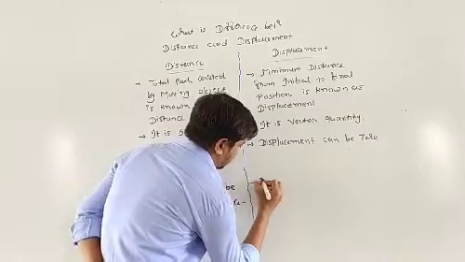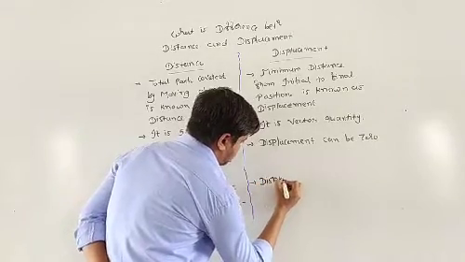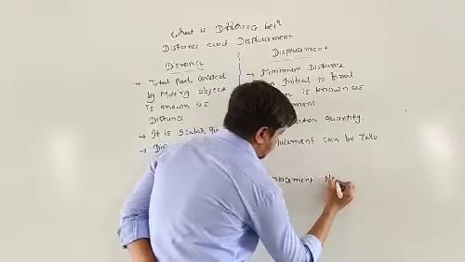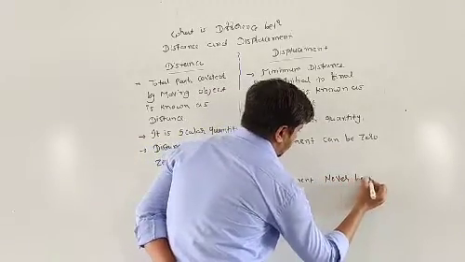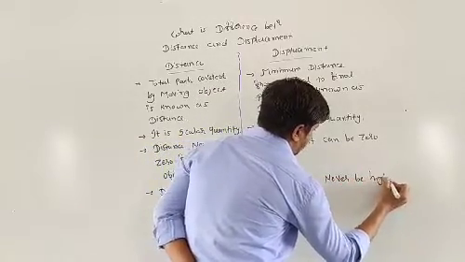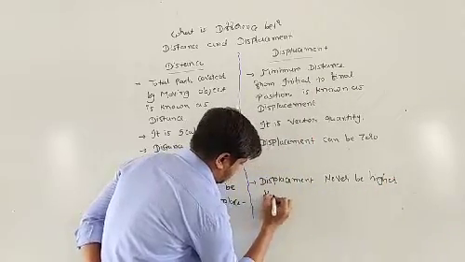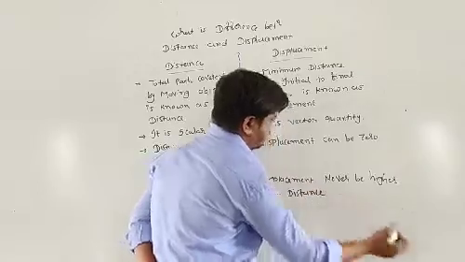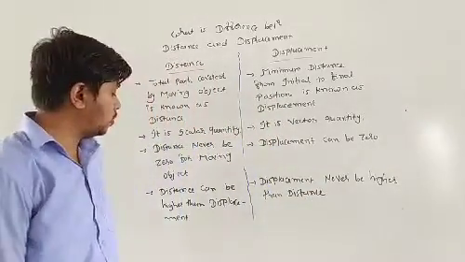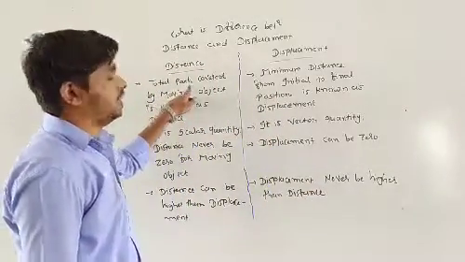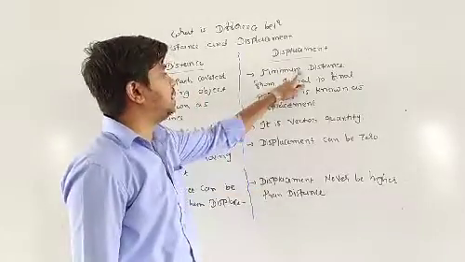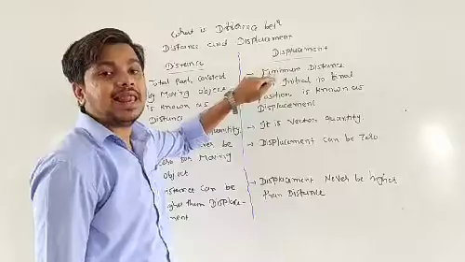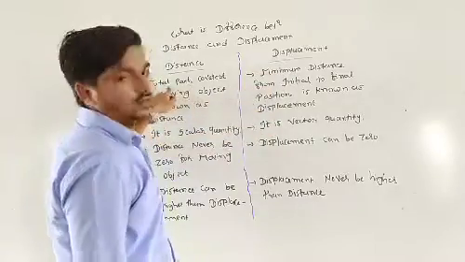But the displacement can never be higher than distance. Remember that. As you know, distance is the total path, while the displacement is the minimum distance. So always the minimum is less than or equal to the total one.